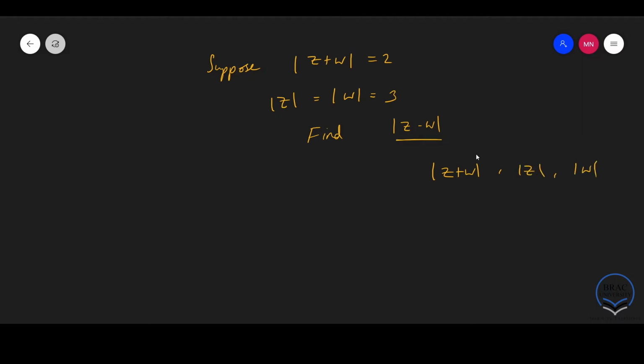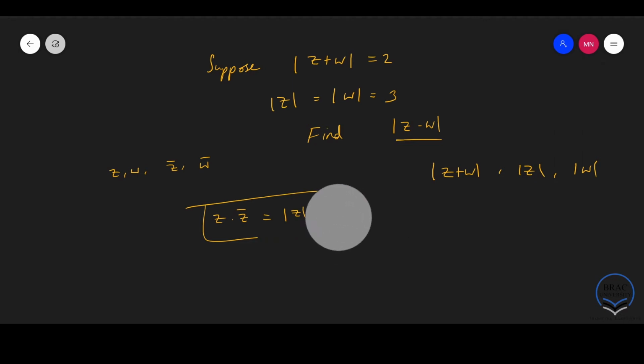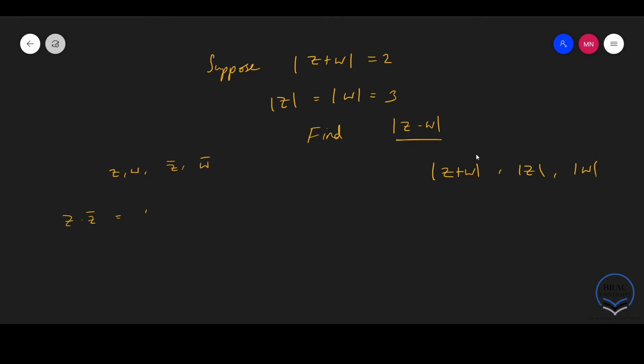Instead, we can write this in terms of z, w, z bar, and w bar, right? So earlier we showed that z times z bar is equal to the magnitude of z squared. So using this relation, we can show that the magnitude of z minus w squared is just equal to z minus w times the conjugate of this, right?